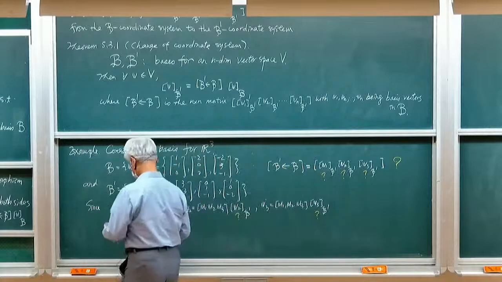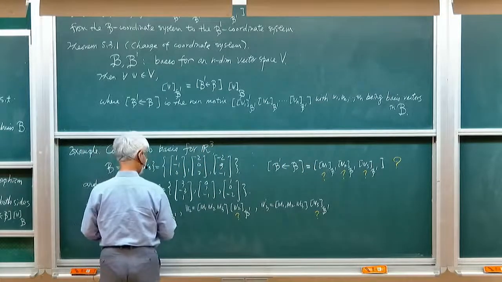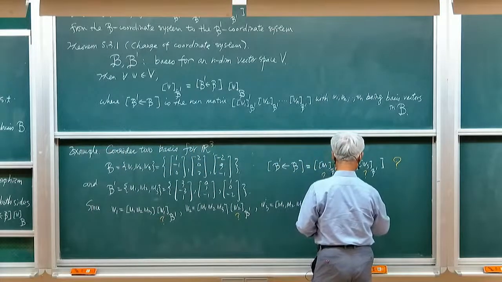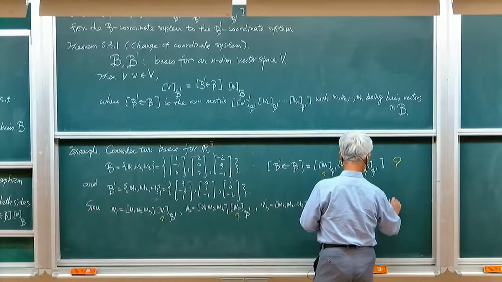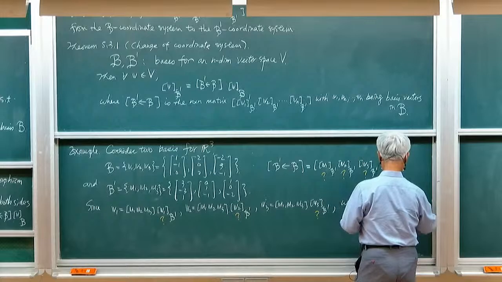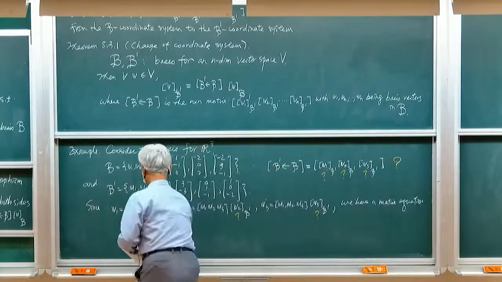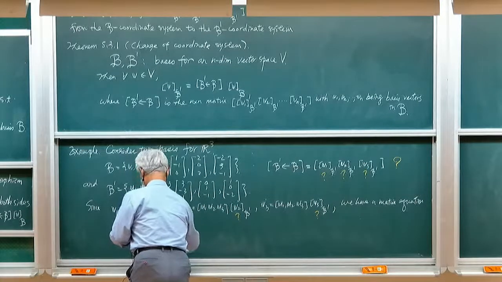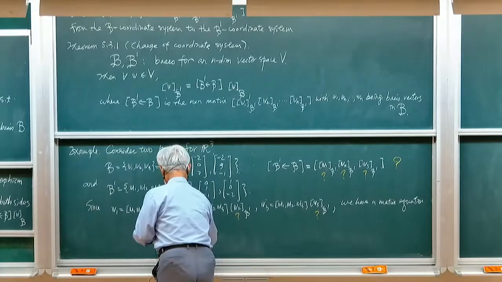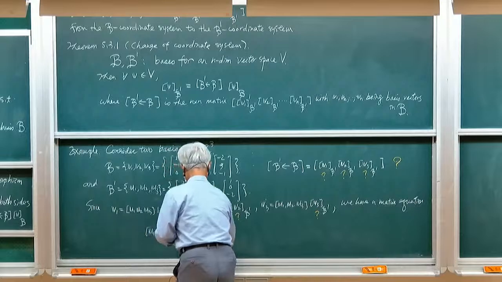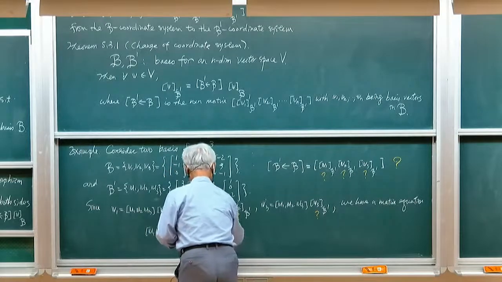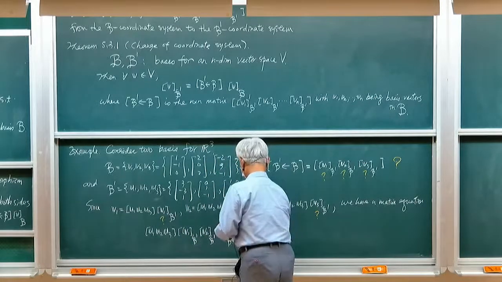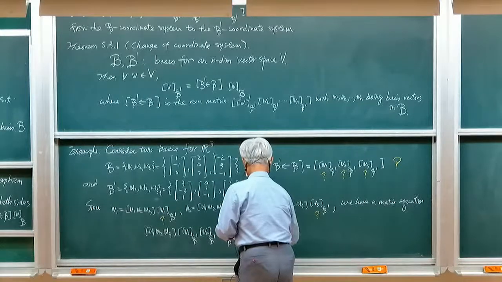Okay, so now we have a matrix equation. We put them together: U1, U2, U3 times the unknown V1 B prime, V2 B prime, V3 B prime, together equal to V1, V2, and V3.